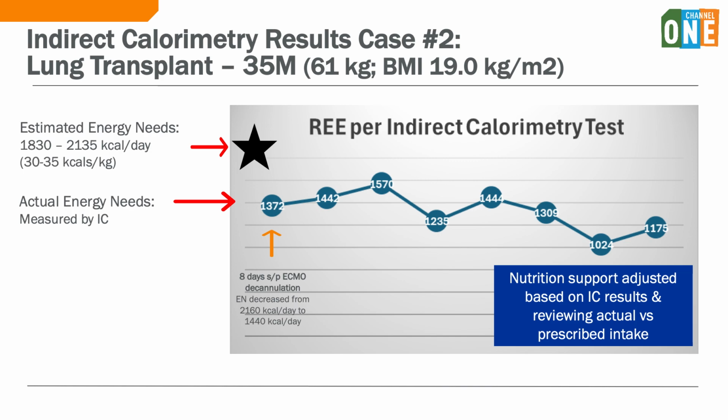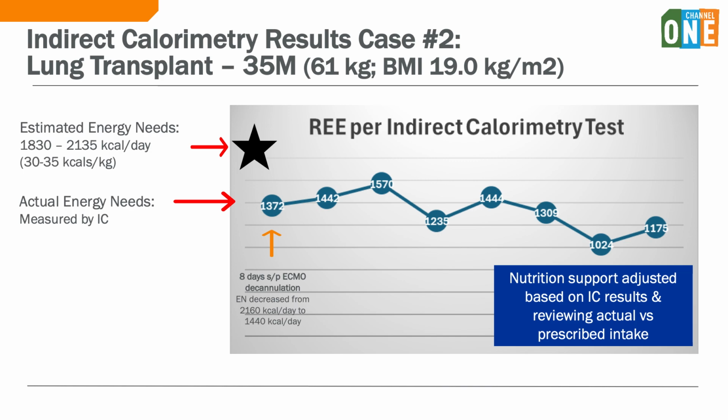Prior to our first indirect calorimetry test that was done after ECMO decannulation, the patient was on enteral nutrition support and was receiving daily goal volume that provided 2,160 calories per day with use of a 2.0 polymeric formula with a protein modular added.